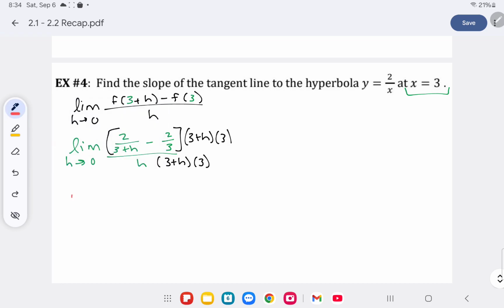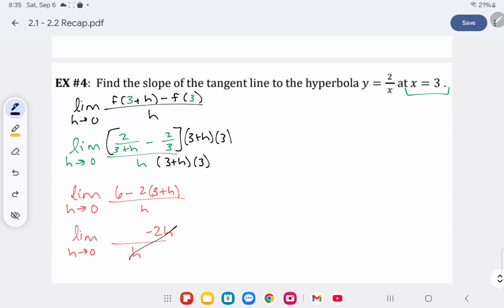So in my numerator, I'm going to get 6 minus 2 times 3 plus h all over h. I'm just going to break that up into steps. So 6 minus 6 minus 2h over h. Well, 6 minus 6 cancel.